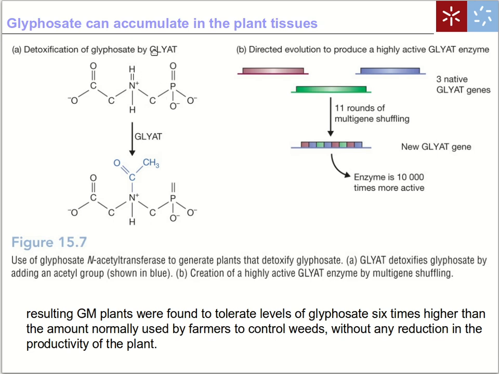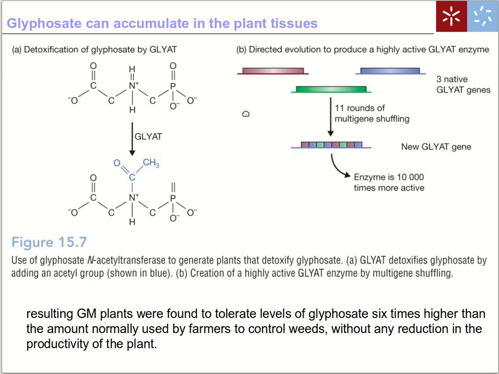This enzyme can attach an acetyl group on top of the glyphosate molecule. This inactivates glyphosate and it also directs its degradation. This could perhaps be an alternative mode of resistance, so that the added herbicide is actually degraded in the plant tissue so that it doesn't spread in the environment.